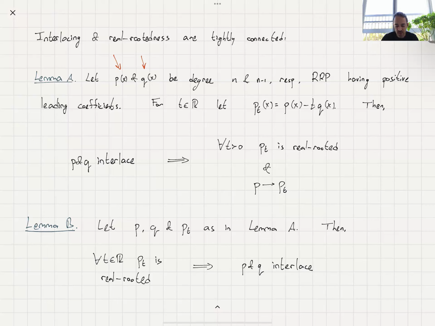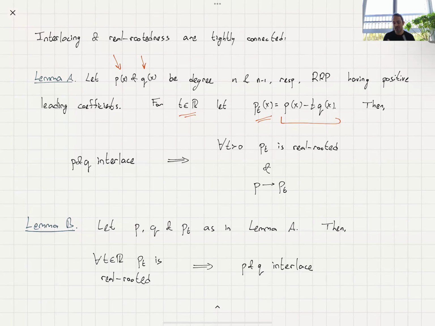Okay. And for a number t, we are going to look at this polynomial, P sub t of x, which is just P of x minus t times Q of x. Right? So when t is 0, you get P. And as t gets large in absolute value, you get, in a sense, Q, or at least in the sense that the roots are determined by the roots of Q. Right?